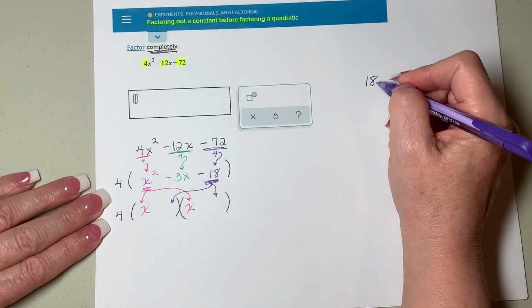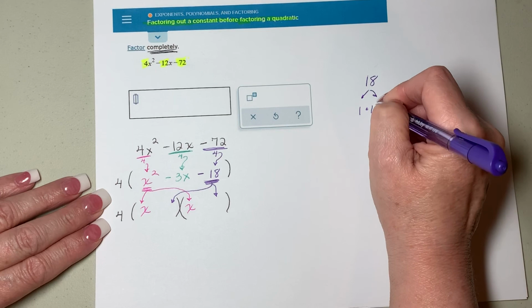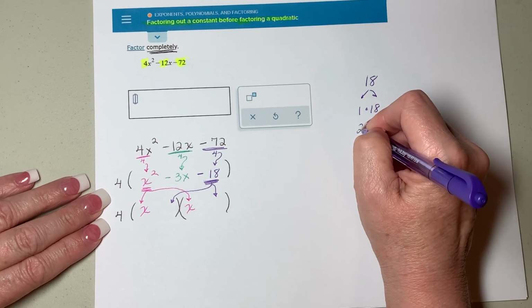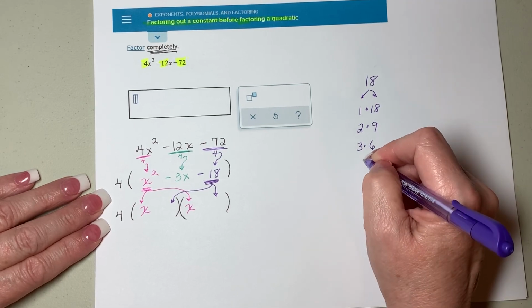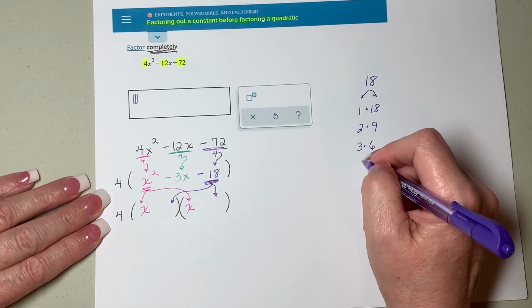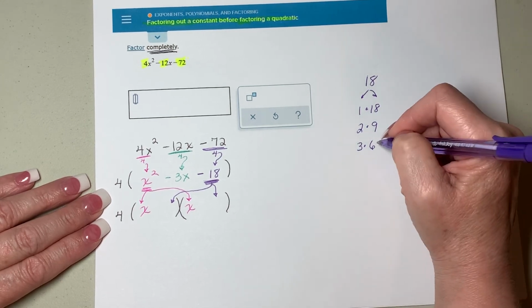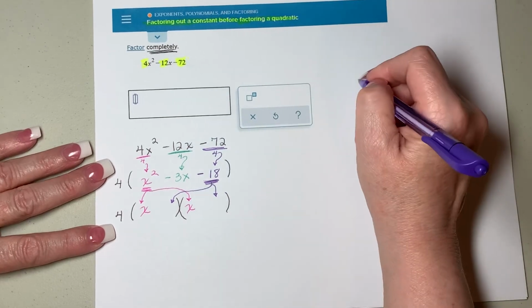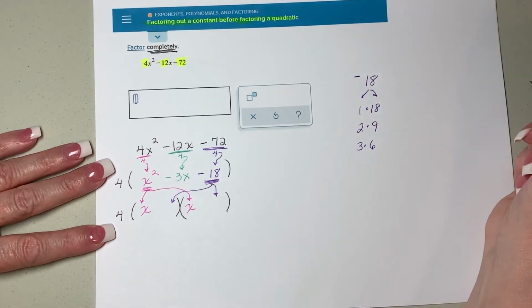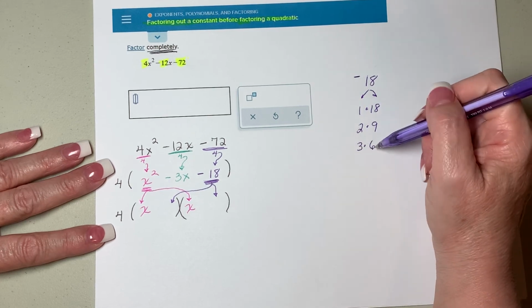And so I need 2 factors of 18. So my choices are 1 times 18, 2 times 9, 3 times 6. 4 doesn't go into 18, 5 doesn't go into 18, but when I get to 6, I've already got 6 over on this side, so I've found all my factors. But this 18 was a negative 18, which means one of these factors had to be positive and the other one had to be negative.